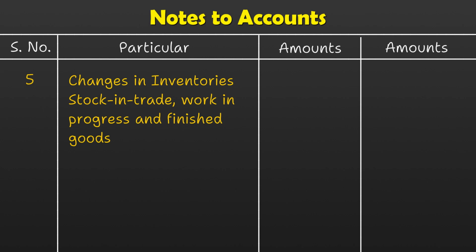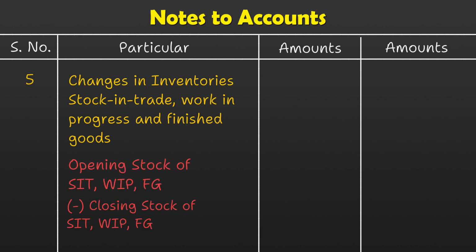So we can have the opening and the closing stock of work in progress and the finished goods as well. So the remaining three, that is the stock in trade, work in progress and finished goods, the opening and closing would appear under the changes in inventories of work in progress, finished goods and stock in trade, as we have already dealt with the items of opening and closing that were concerned for the raw material.